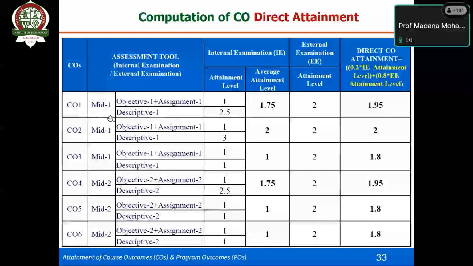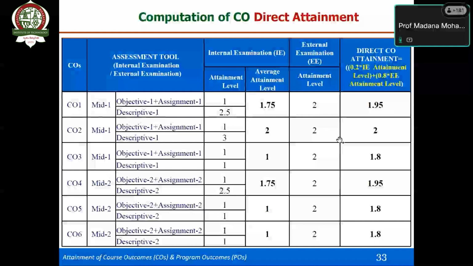Here you can see, component wise, you can take CO-wise the related component. Suppose in this assessment pattern, CO 1, 2, 3 are related to internal exam 1, and CO 4, 5, 6 are related to internal exam 2. But for the end exam, we don't have question-wise marks.